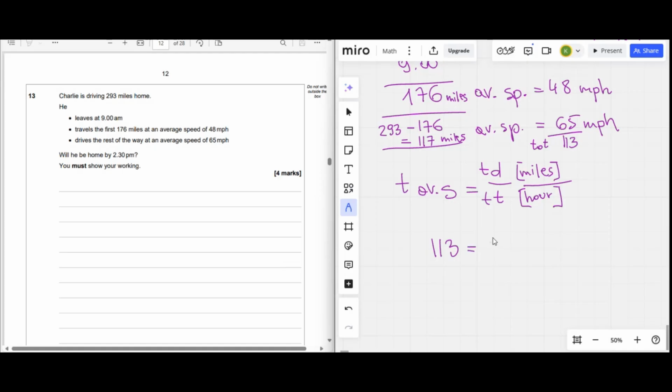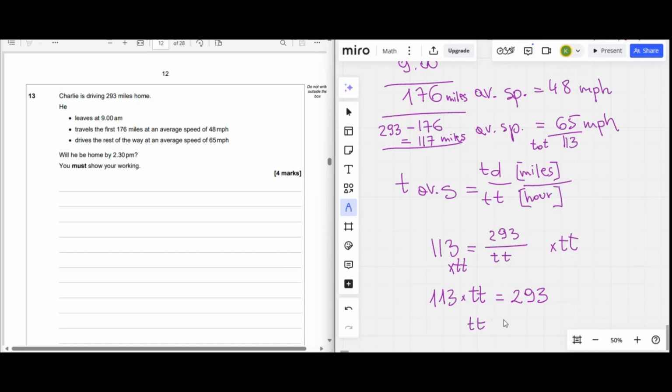Total distance is our mileage, 293, and the total time is unknown. Okay, so let's get rid of the fraction. Times total time, both sides. So 113 times total time is 293.